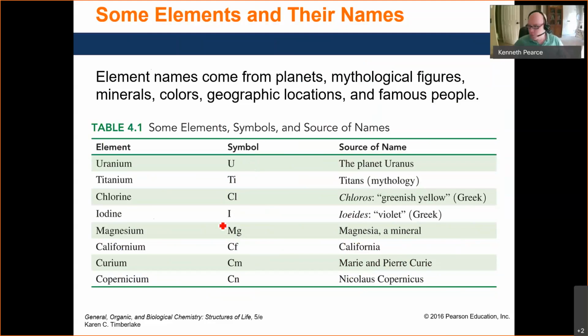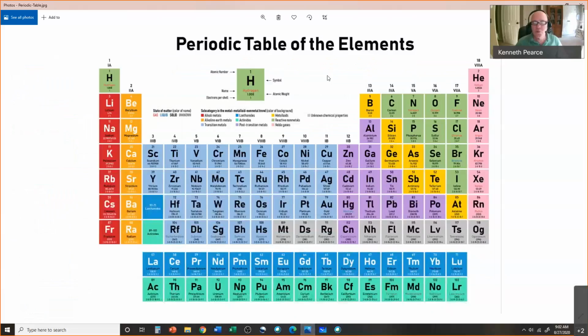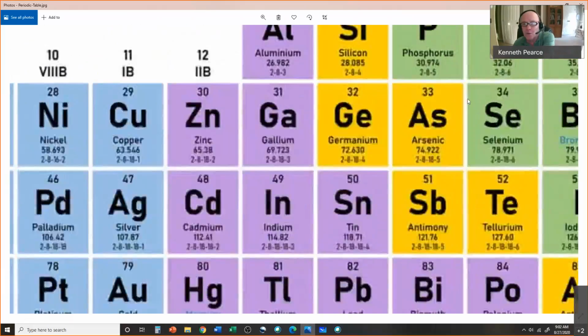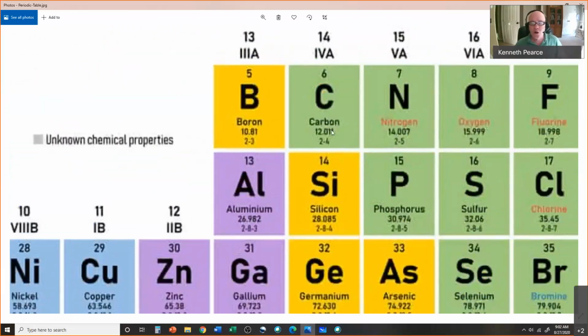And I'm going to show you a periodic table just to show you. So let me show you a periodic table here. I've got one ready to go. And this is a periodic table right here. And if you notice, we have symbols and we have names all over here. And you can see, like, carbon is C, and we got carbon right below it.